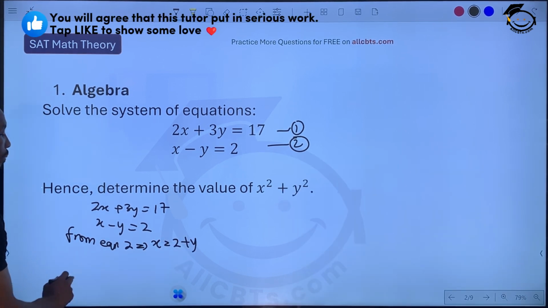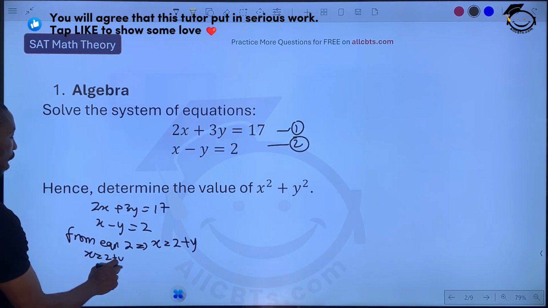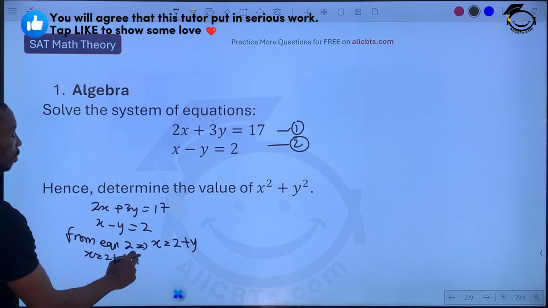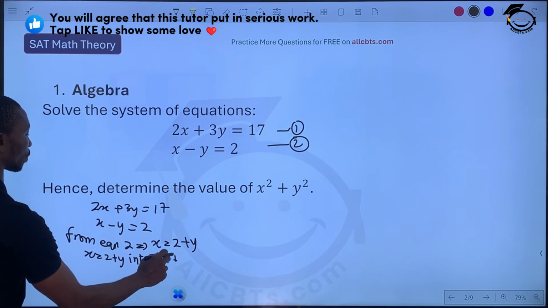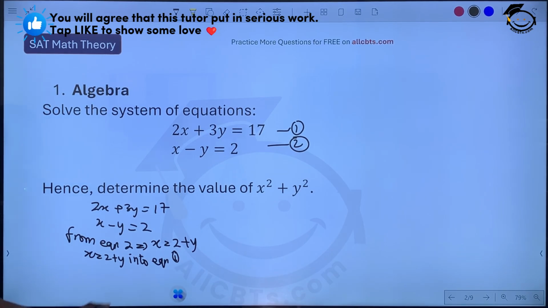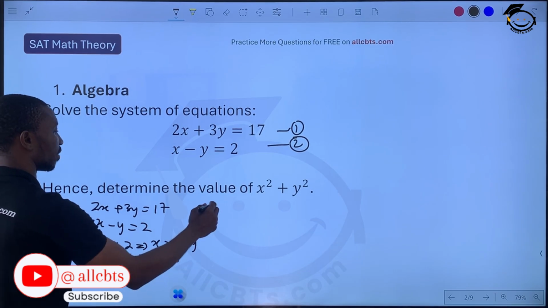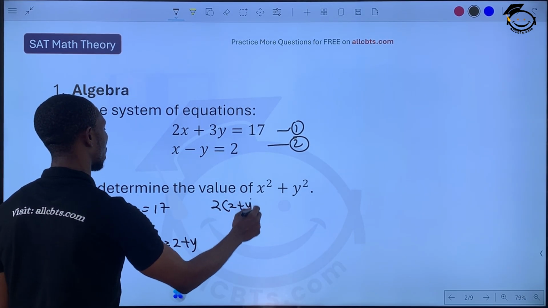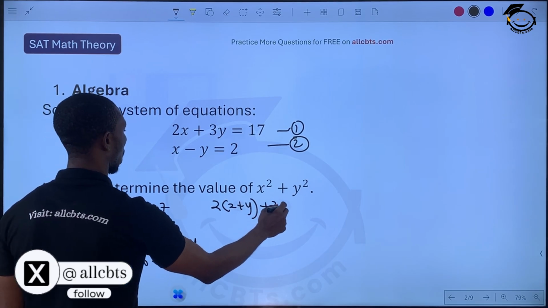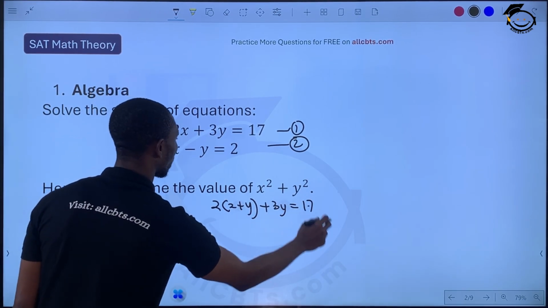So we'll substitute x equals 2 plus y into equation 1. Then we have 2 brackets 2 plus y, plus 3y equals 17.